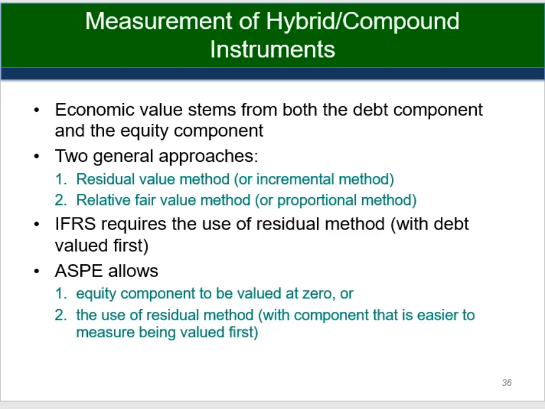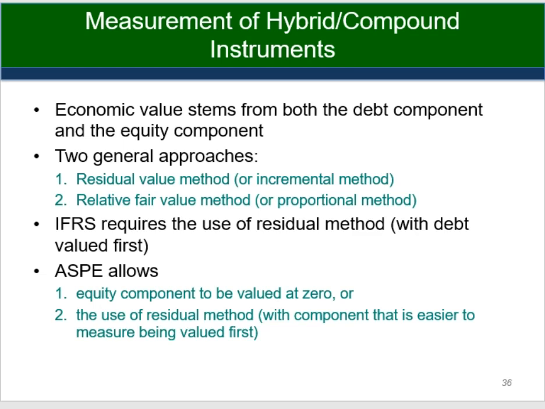Or the relative fair value method. If you can establish the fair value for the debt and the fair value of the warrants, you would prorate the price that was actually paid based on a pro rata proportional allocation. The residual method is the one where you can value one component and the other is the leftover.